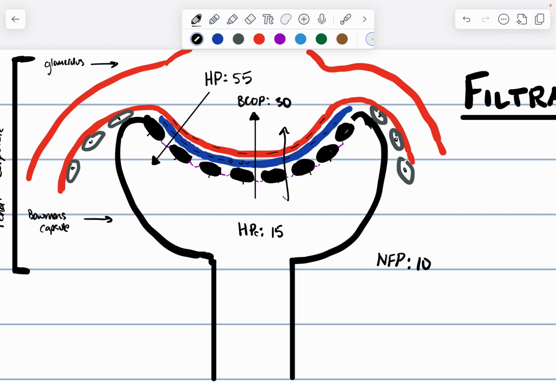And we're going to have about a net filtration pressure of 10. So we're going to have about 10 going into the capsule. So that net pressure will drive things into the capsule. So that's our pressures, and that's kind of how the pressures will work.